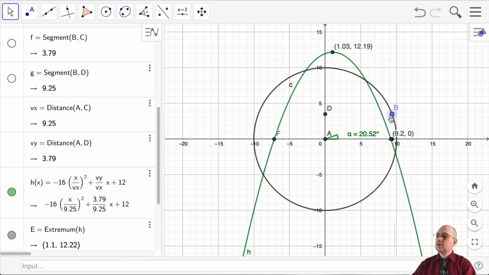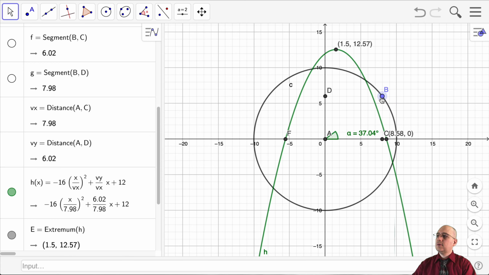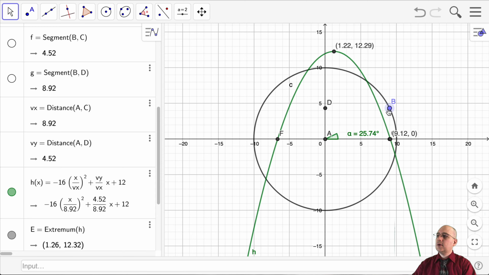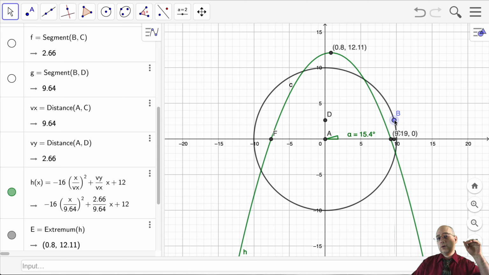Does that change where the maximum is located? Looks like it. Looks like it's now around 16, 17 degrees. So it's this trade-off, right? The higher you are shooting, the farther you can go, so the less you want to spend on the up, I suppose. You want to get as far as you can.